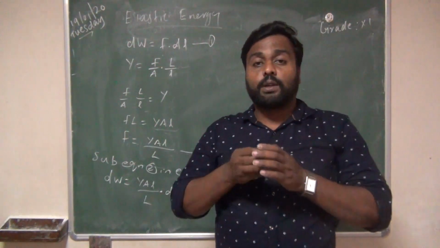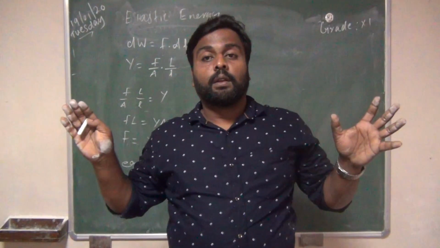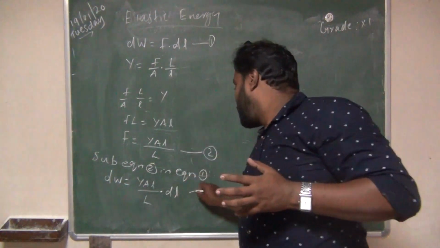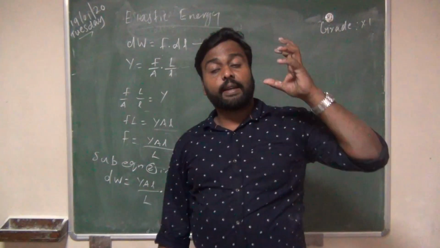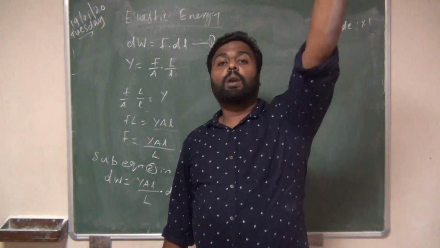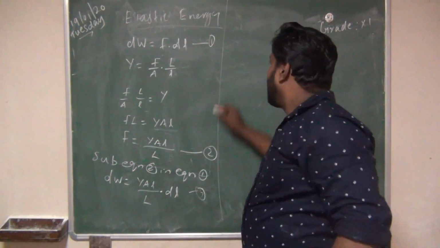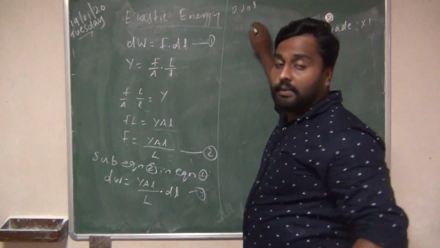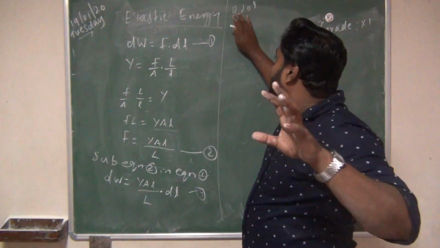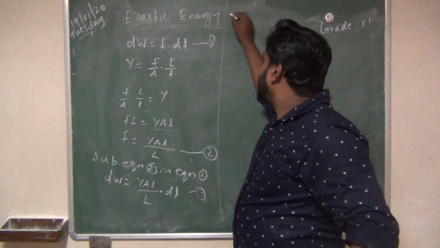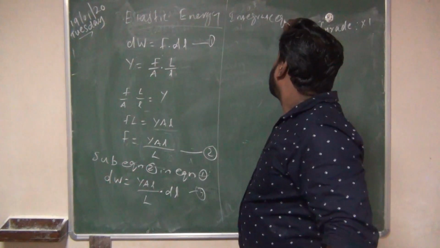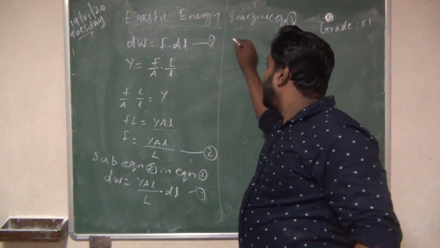Now we have to find out the total elongation. For that, we have to integrate this equation. We have to take this equation 3, integrate equation 3, and we have to give the limit from 0 to the whole length L. So from 0 to L length of this wire, we have to find out the work done. So integrate equation 3. What will we get?